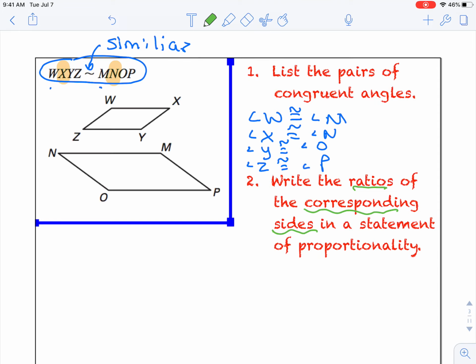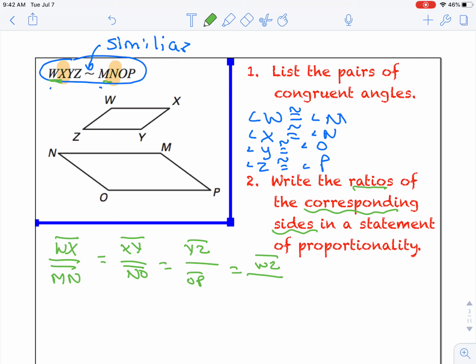So the ratio of WX over MN is in the same ratio as XY compared to NO, which is in the same ratio as YZ compared to OP, which is in the same ratio as WZ compared to MP. And that is a statement of proportionality of the sides.